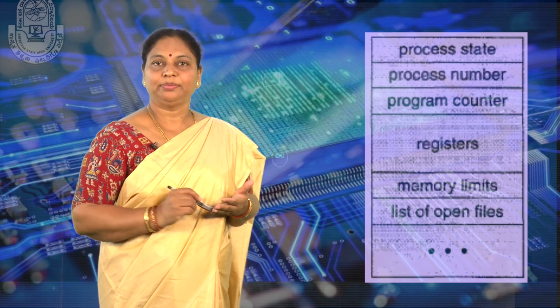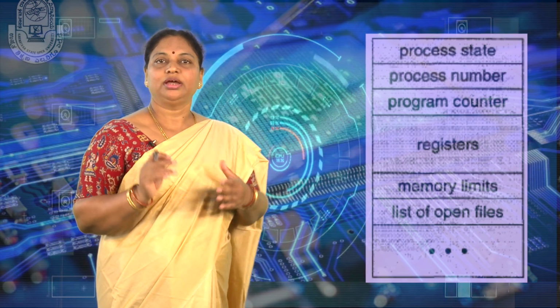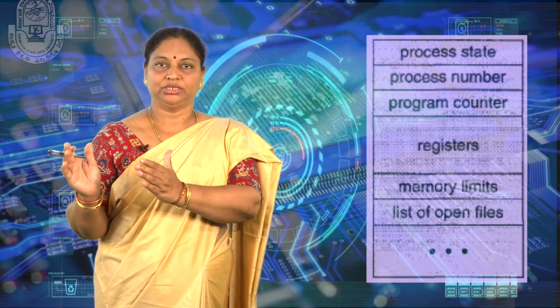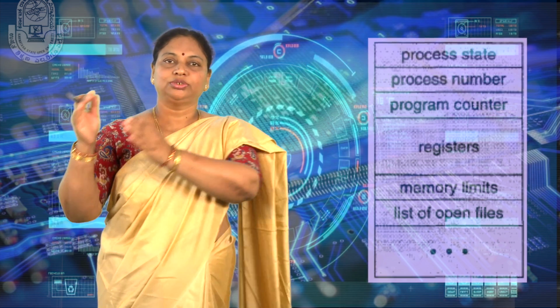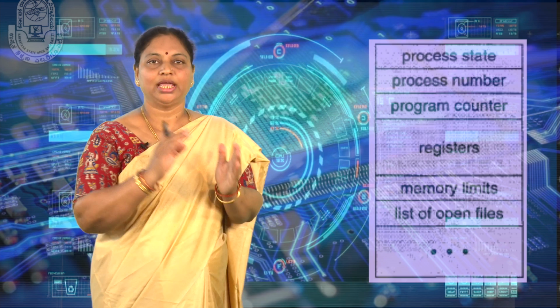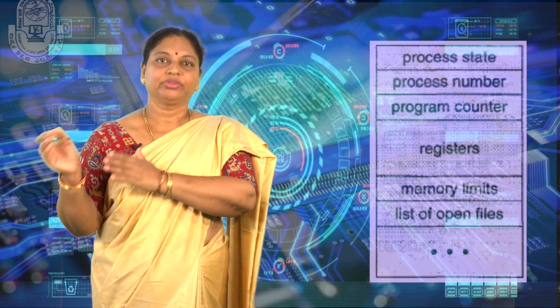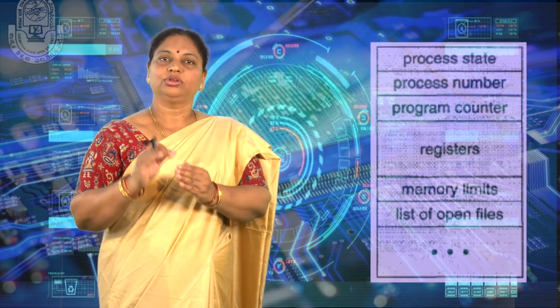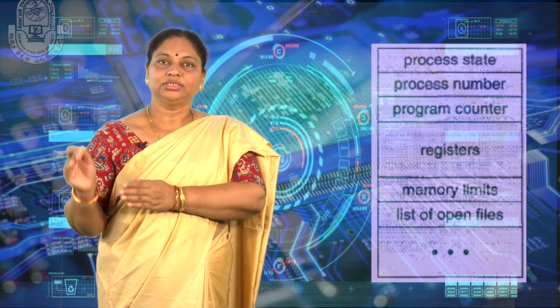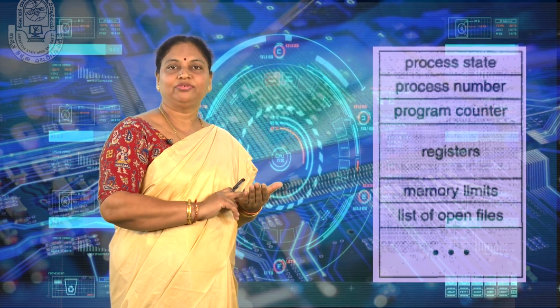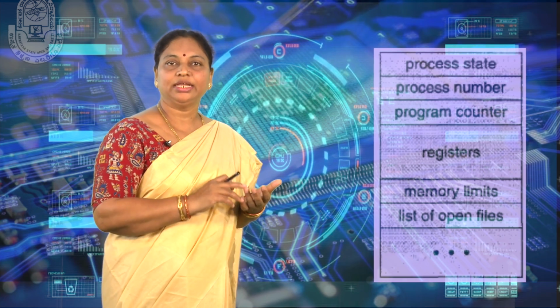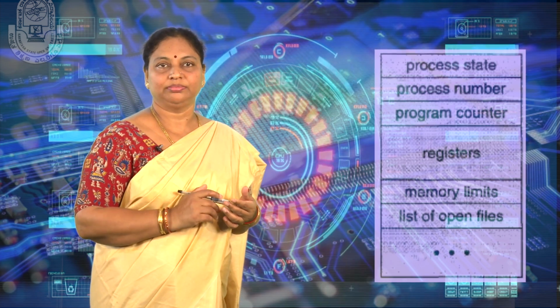We use the accumulator when we are doing arithmetic operations, say you want to add two variable values and store the result in some other variable, like a plus b equals c. Here, to store the result, it uses the accumulator. The other arithmetic operations we perform are subtraction, division, multiplication.